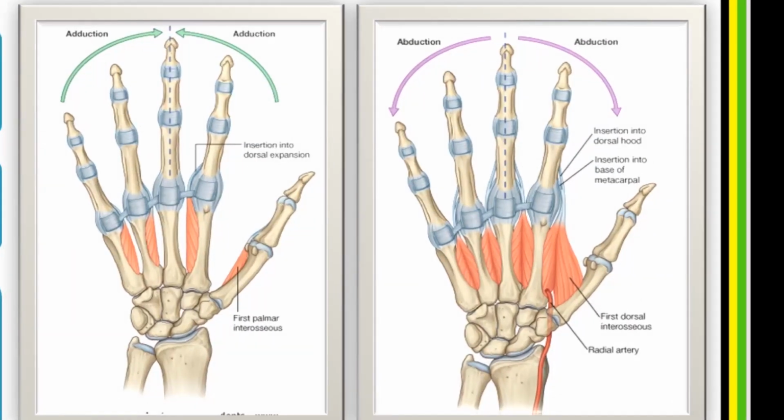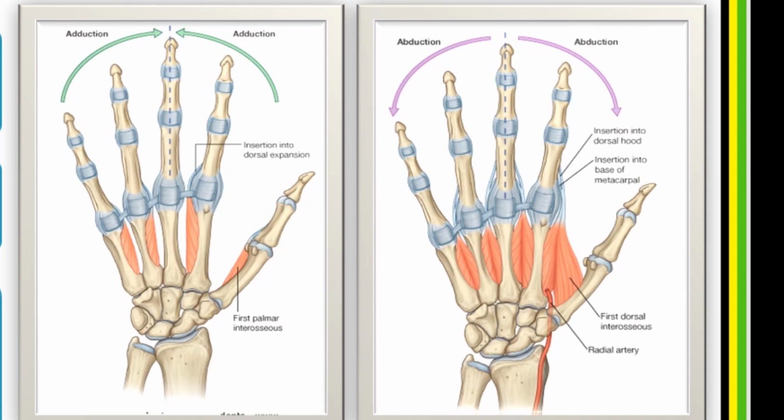Here are the palmar interossei in this illustration. These are the palmar interossei muscles. Now these are the dorsal interossei muscles. The innervation of these muscles, both the palmar interossei and the dorsal interossei, is via the deep branch of the ulnar nerve.